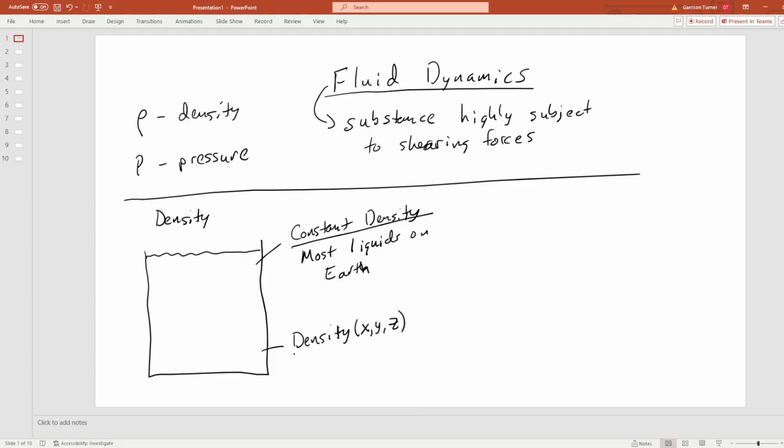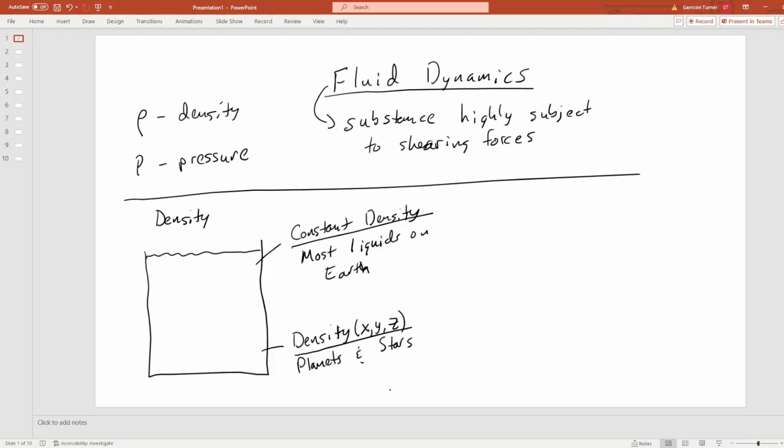But there's a lot of things that don't have constant density, things that have some sort of functionality to their density. Planets and stars come to mind. Okay? So a lot of celestial bodies will have a lot more mass concentrated at their centers than in their outer layers. And so the density is not constant.